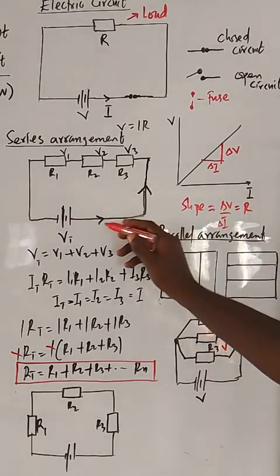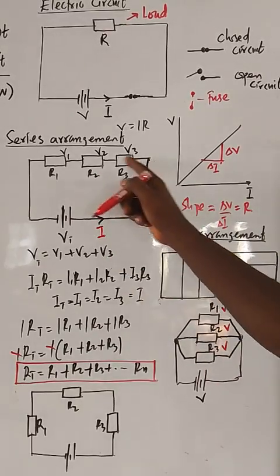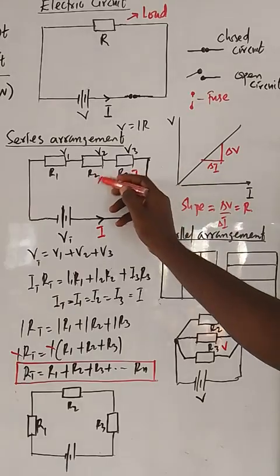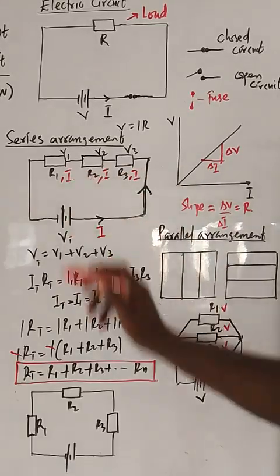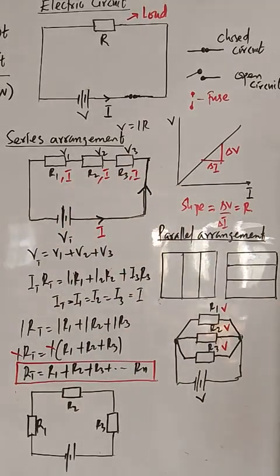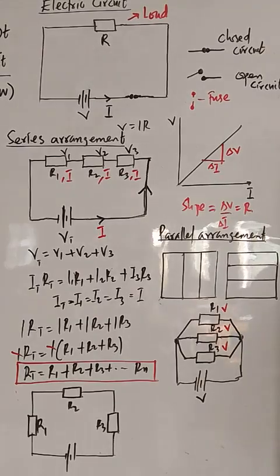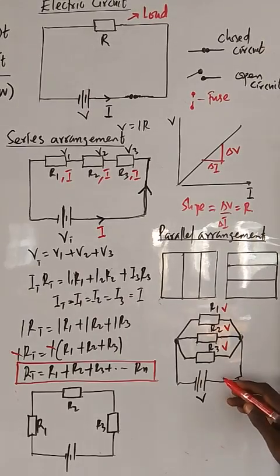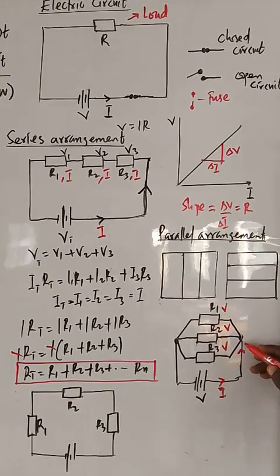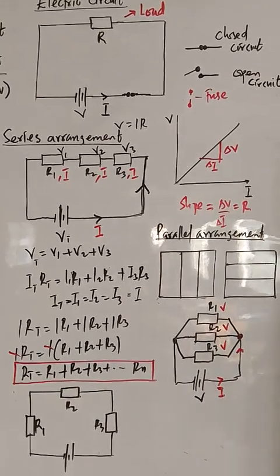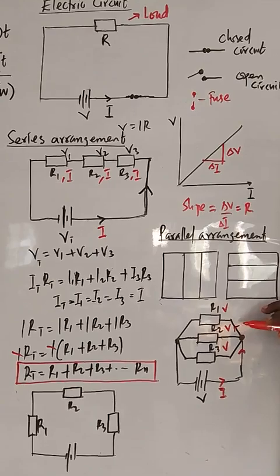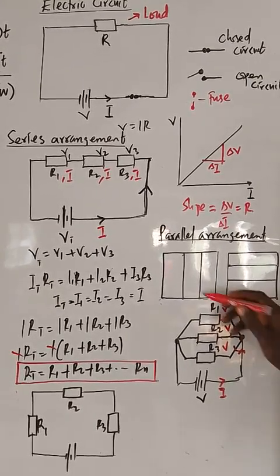For series, if one is coming out is I, what will pass through R3 is I, R2 is I, R1 is I. So same current, different PD. This one, same PD, different current. Suppose the current that comes out from here is I. When the current gets here, it will split into three. Some will go here, some will go here, and some will go here. Let's call this one I1, that will go to R1.